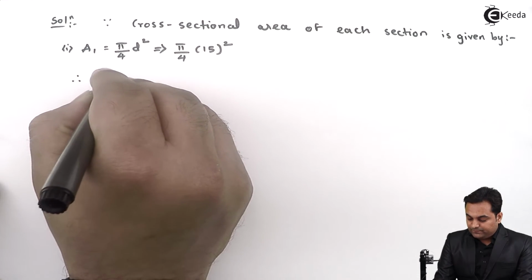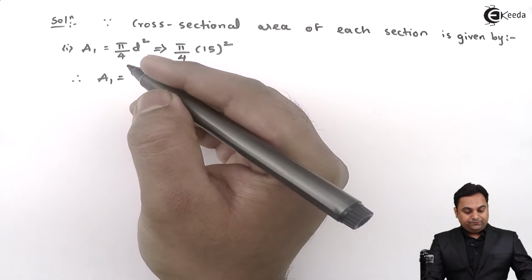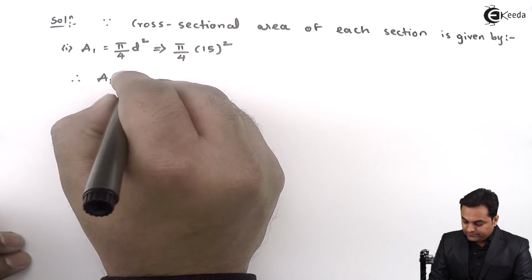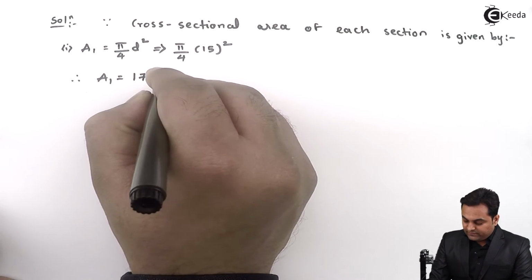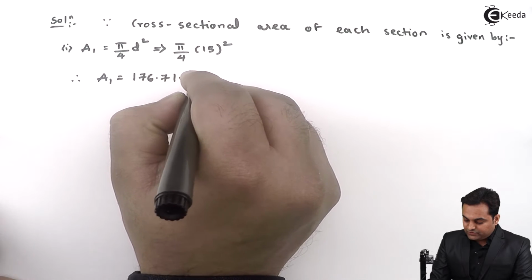So area 1 comes out to be 176.71 mm square.